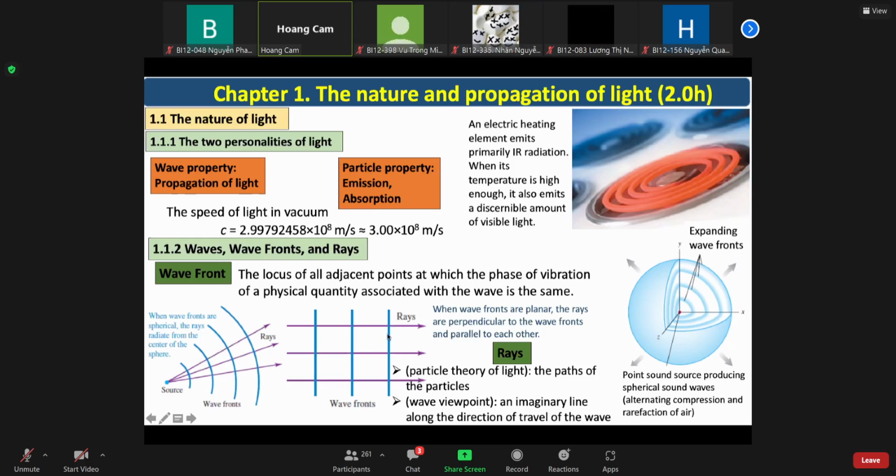Sometimes we have the so-called plane wave as well, for the light source we use. In that case, the rays become parallel to each other, because the rays are perpendicular to the wavefront. The rays are always perpendicular to the wavefront. At this point, you draw the tangent line, and then you draw the line which is perpendicular to the tangent.